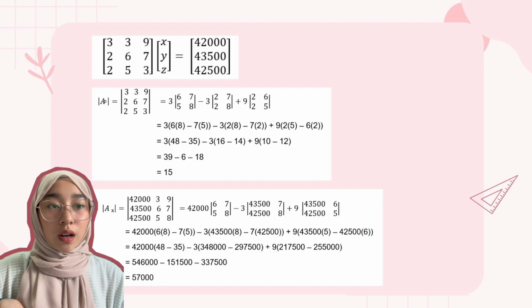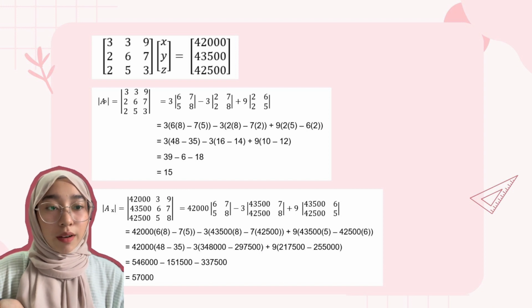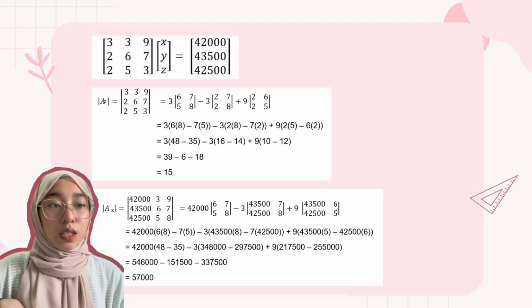So we settle the number in the bracket first. So we have 3 times (48 minus 35) minus 3 times (16 minus 14) plus 9 times (10 minus 12).